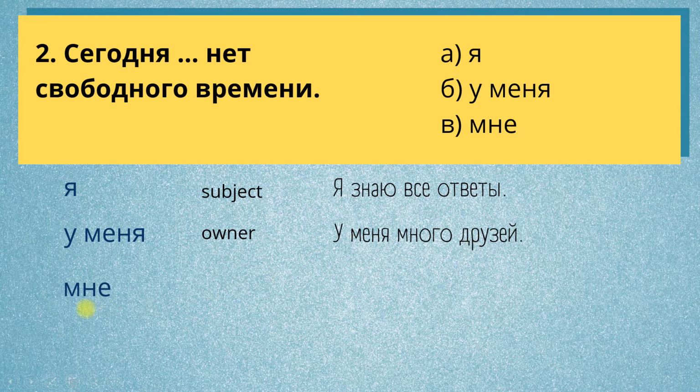Мне. If you already learned dative case, so dative is all about the receivers. Мне is somebody who is receiving something. But it's not about give me something or somebody gave something to me.